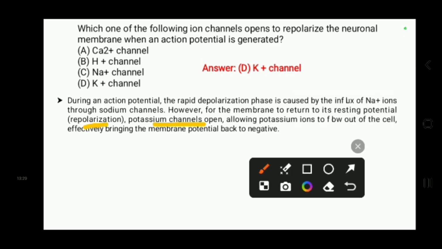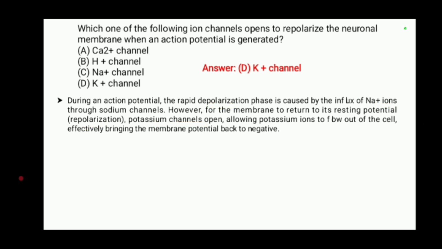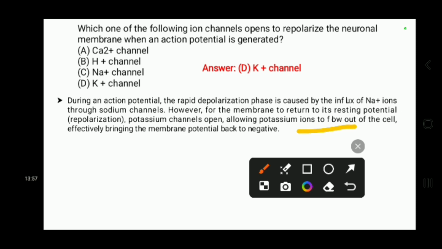So for the depolarization phase, the Na+ channels should be open. Then potassium channels open, allowing potassium ions to flow out of the cell, effectively bringing the membrane potential back to negative.